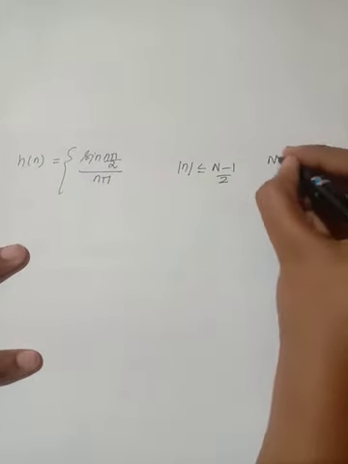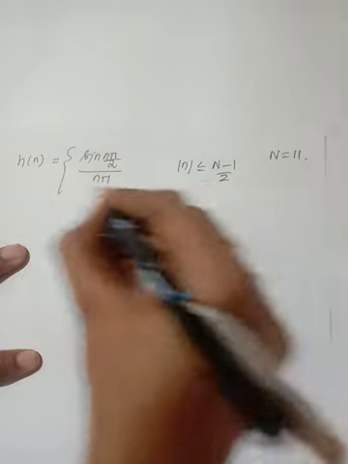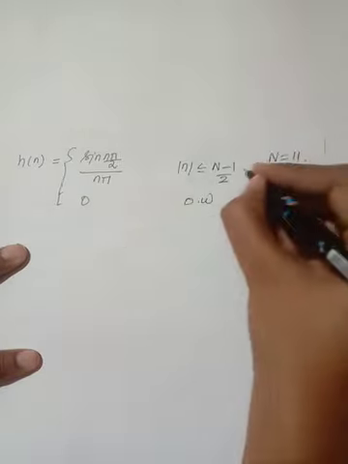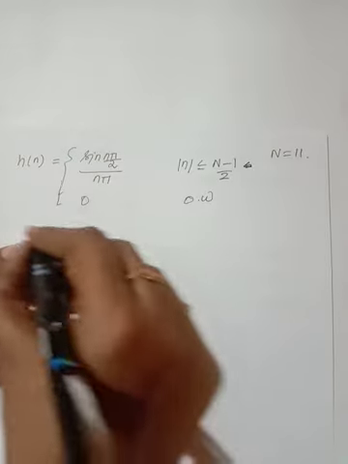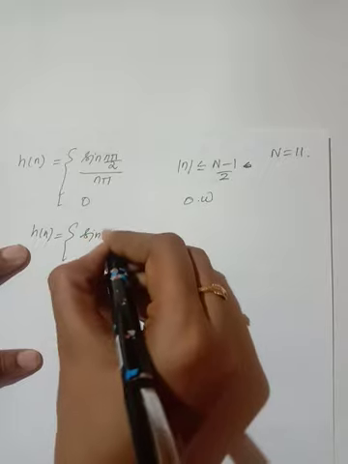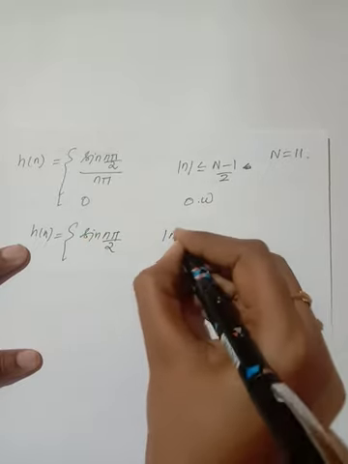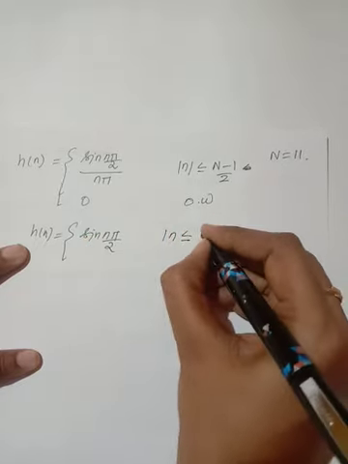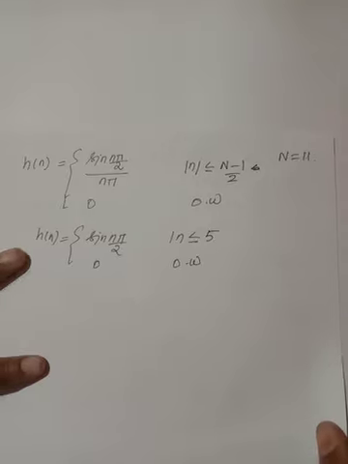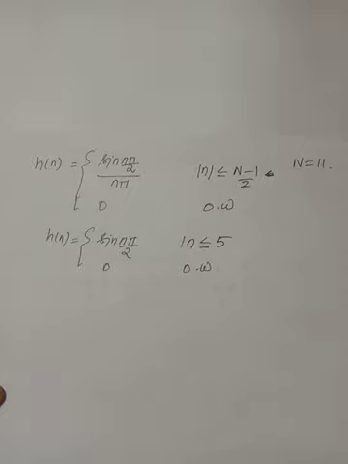Here N is equal to 11 we have considered, so this is sine n pi by 2 divided by n pi for mod n less than or equal to 5, and 0 otherwise. So this is the truncated impulse response now.